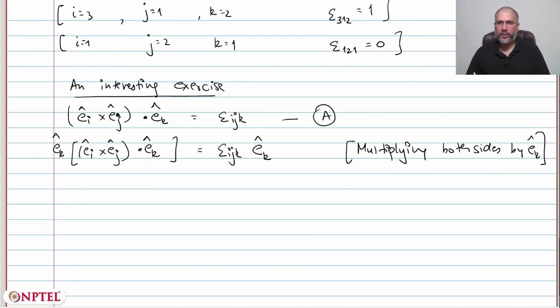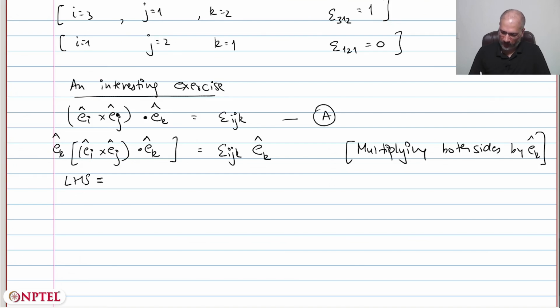That's the beauty of this notation, that I can multiply with an expression involving an index on both sides. But if the index is repeated, the summation is implied over it. But we'll not do that. We will use another approach which will simplify things rather than expanding it using brute force.